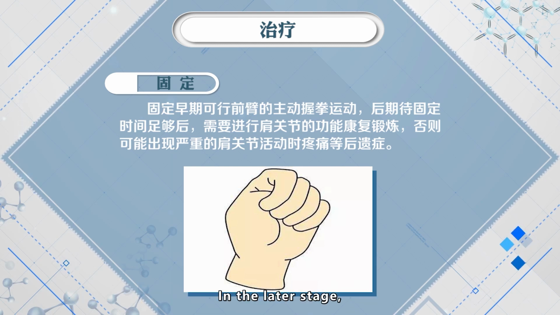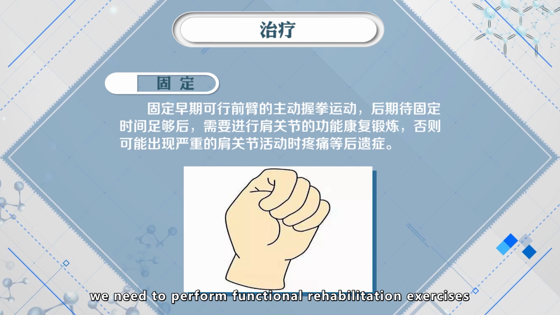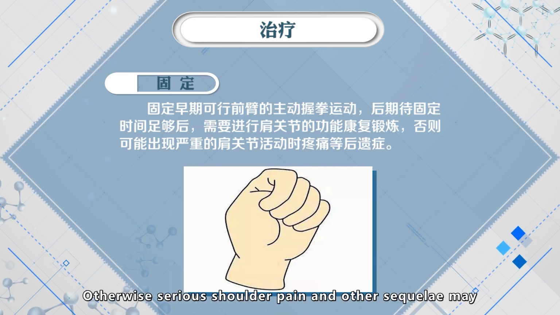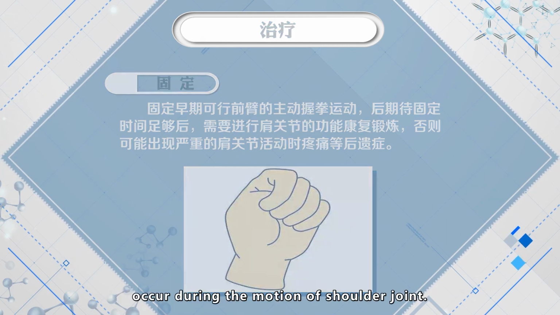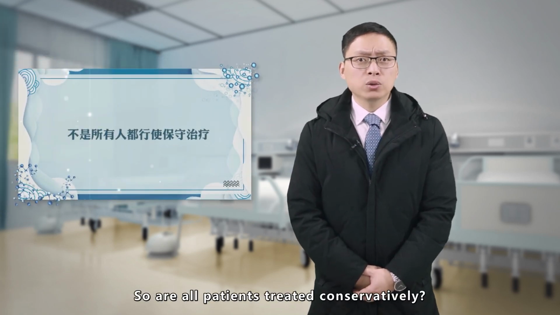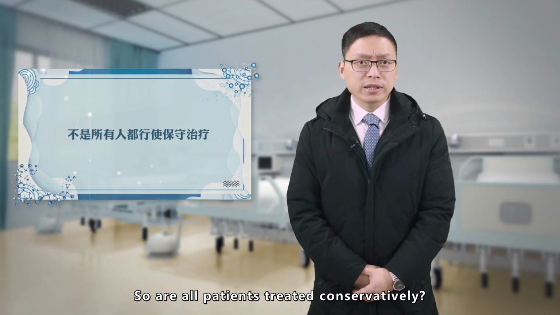In the later stage, we need to perform functional rehabilitation exercise for the shoulder joint after the immobilization time is sufficient. Otherwise, serious shoulder pain and other sequelae may occur during the motion of the shoulder joint. So, are all patients treated conservatively?